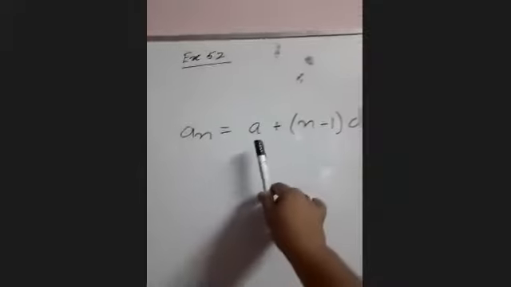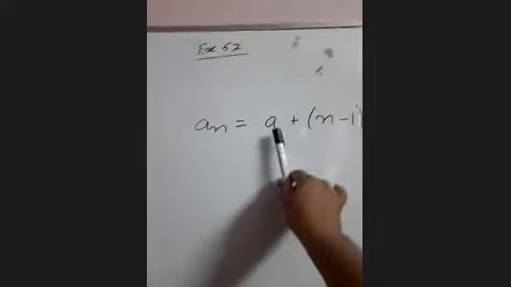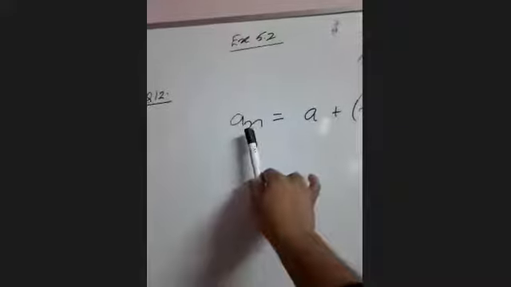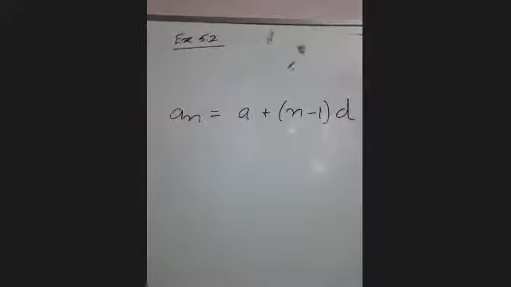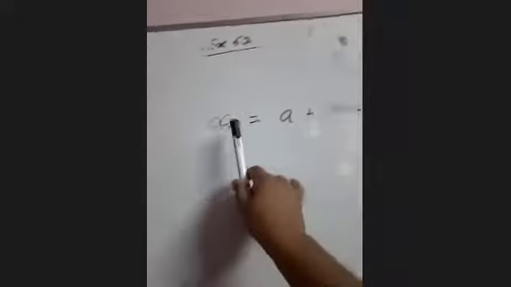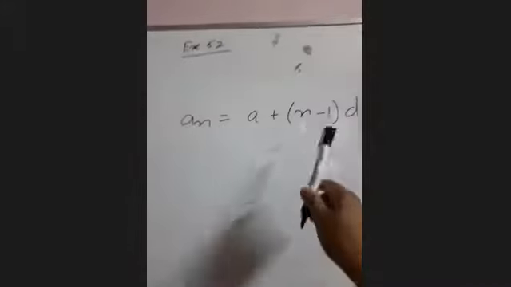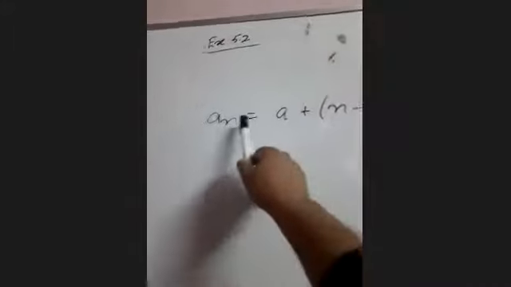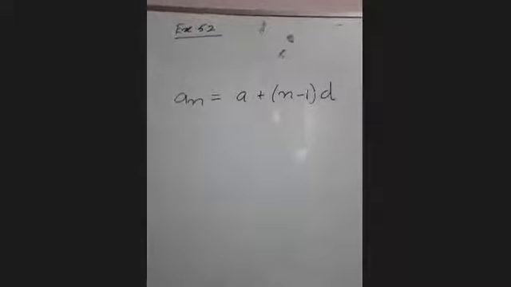If a is asked, then an, n, and d will be given to you. If n is asked, then an, a and d will be given. If d is asked, then n, a and an will be given. So one term will be asked and the other three will be given to you.